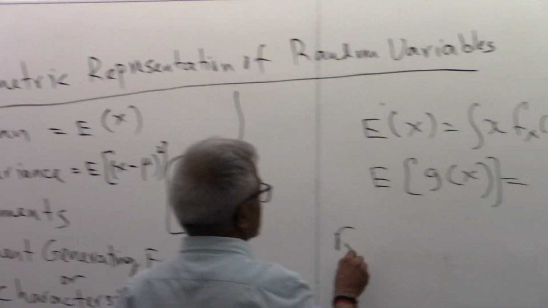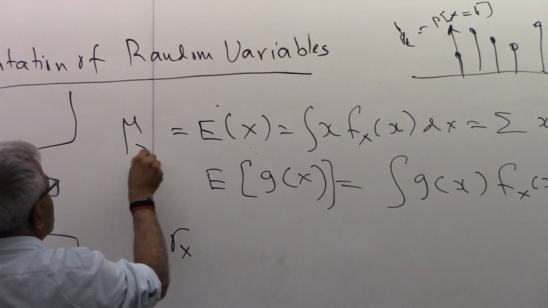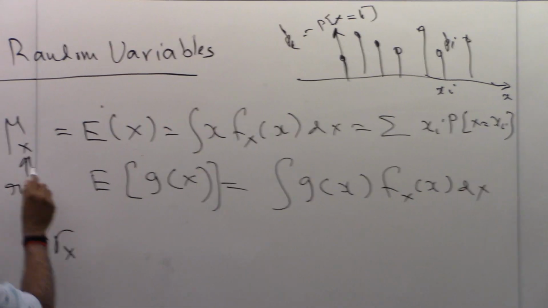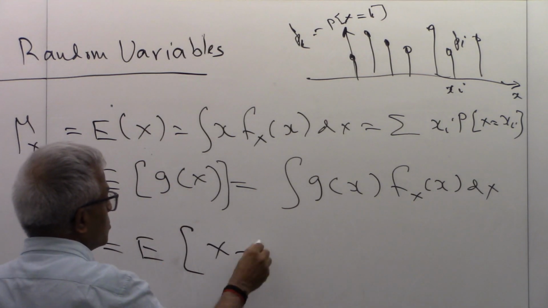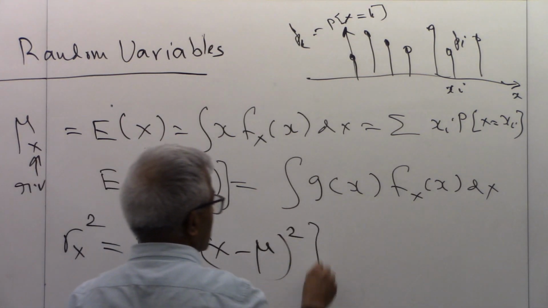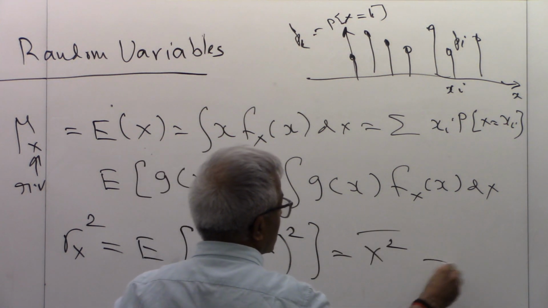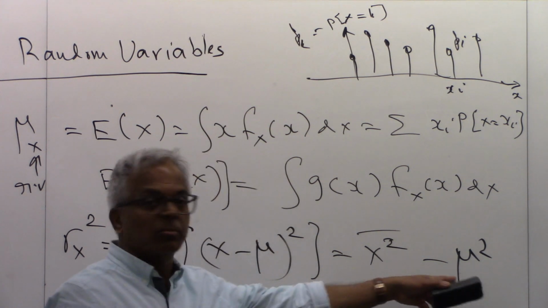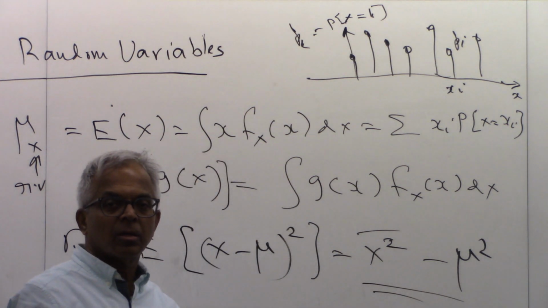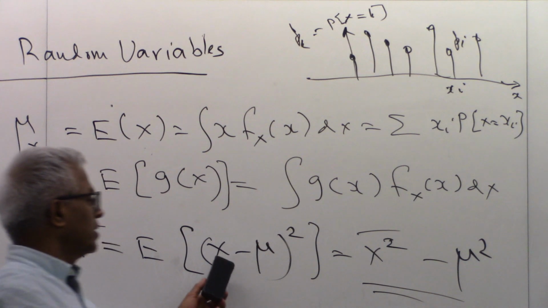So the variance, this is also mu, or x is just to denote the random variable. So sigma_x squared is the expected value of (x minus mu) the whole squared. But remember, I developed this formula: it's the second moment minus mu squared. So you can use this or directly compute this.